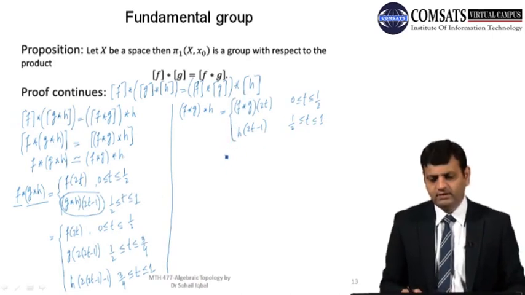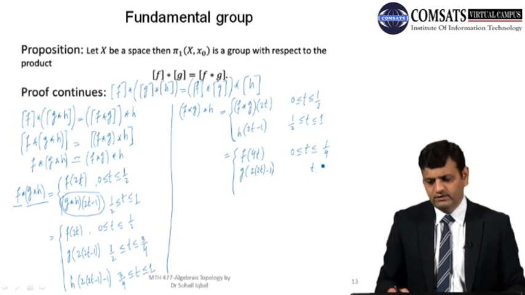And we can further write it down, so we can apply the operation star on f and g, and we will be writing it down as f of 4t, because 2 into 2t is 4t, and we can further divide this interval into two parts. So basically from 0 to 1/4, and g of 2 into 2t minus 1, where t varies from 1/4 to 1/2, and h remains the same, h of 2t minus 1, and t varies from 1/2 to 1.